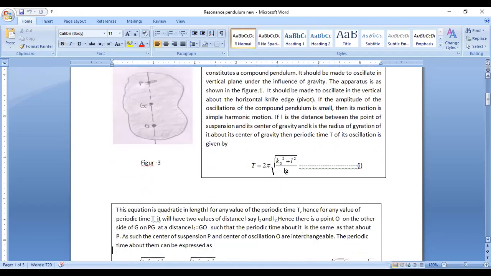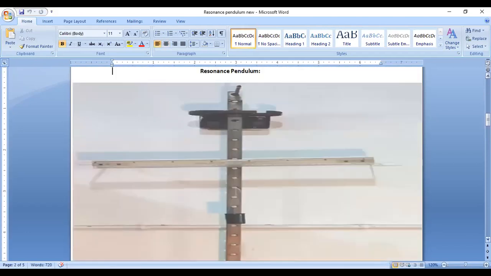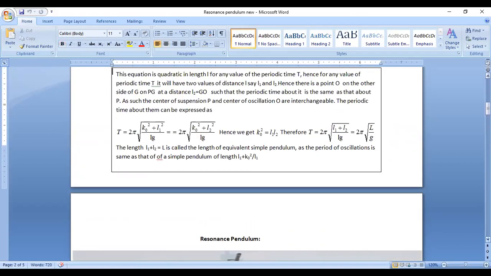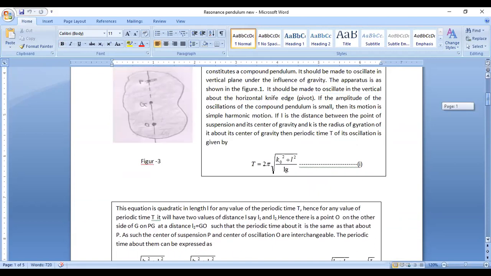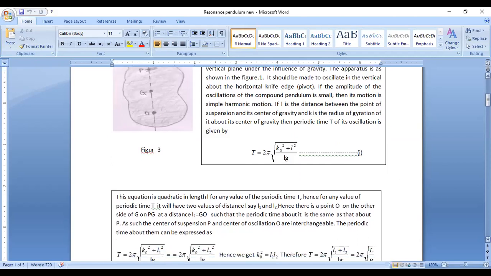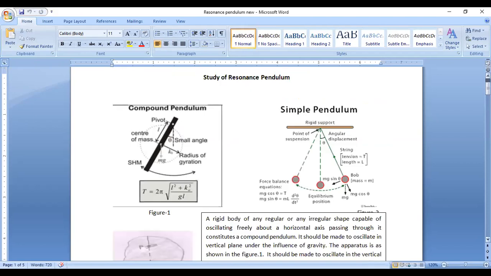You see there are 2 points of suspension, with respect to point P and with respect to point O. With respect to point P, I measure the length L1, and with respect to point O, I measure the length L2.